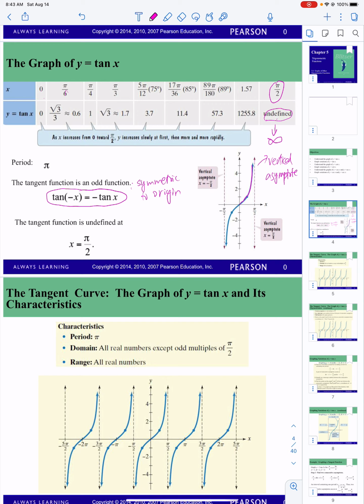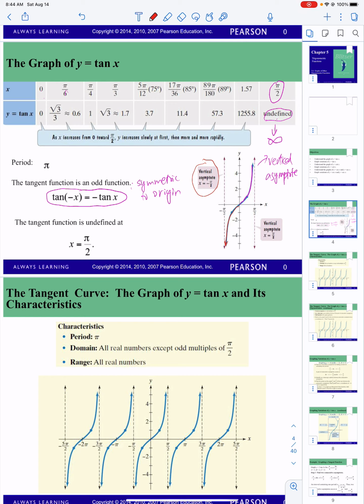Okay, and then you use the property of symmetry. You can draw the part from negative pi over 2 to 0. And similarly, this one is also called a vertical asymptote, because it approaches negative pi over 2, but y goes to negative infinity here.